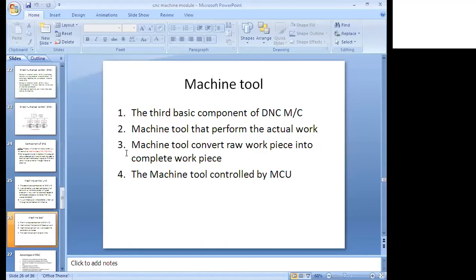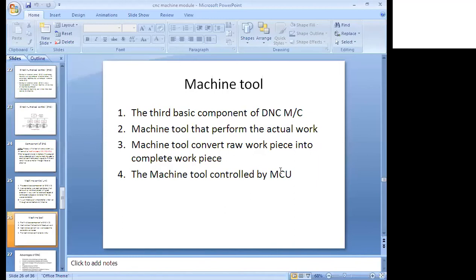The third point: the machine tool converts the raw workpiece into the complete workpiece. This is very important: where the work actually happens is inside the third component, called the machine tool. And see here, the machine tool is controlled by the MCU, meaning machine control unit. MCU stands for machine control unit.